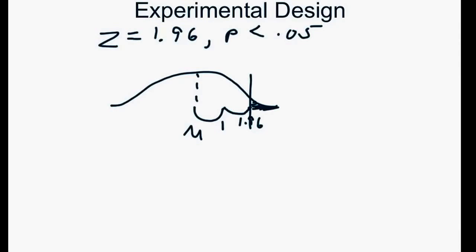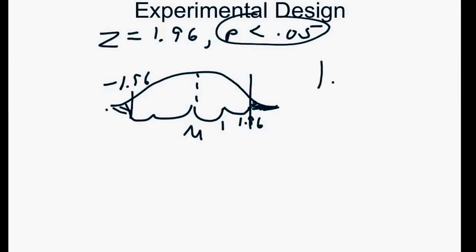Any score beyond 1.96 would occur less than 5 times out of 100 in either direction, right? Negative 1.96. So 1.96 is our critical z. That's the score that we're looking for to be able to reject the null.